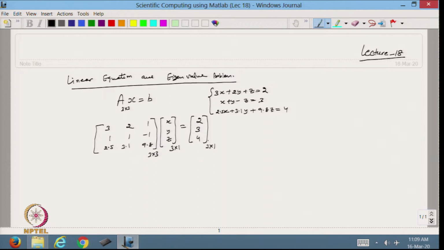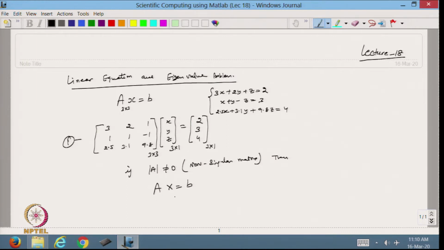Now we know that if I have to solve this system, and if the determinant of A is non-zero, so it is a non-singular matrix, then we can solve this system, Ax is equal to B.